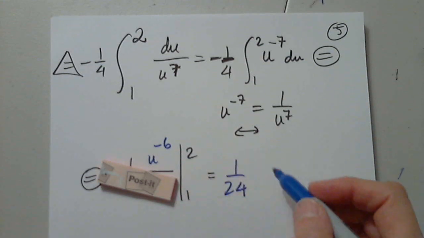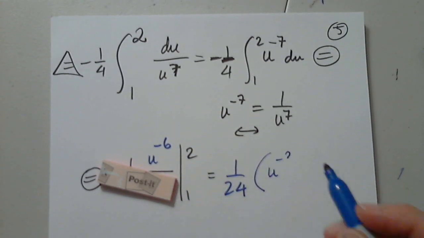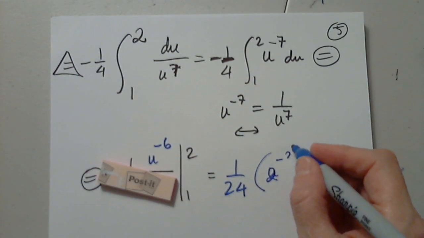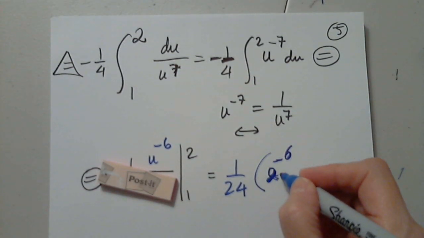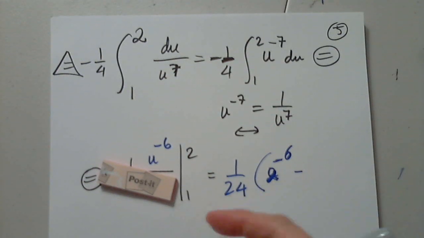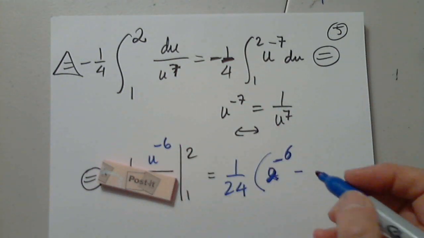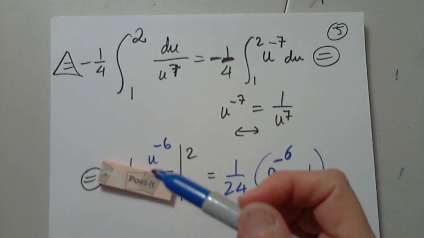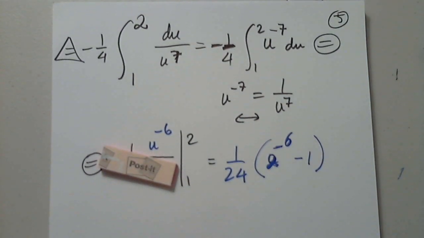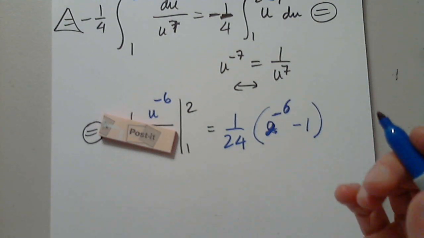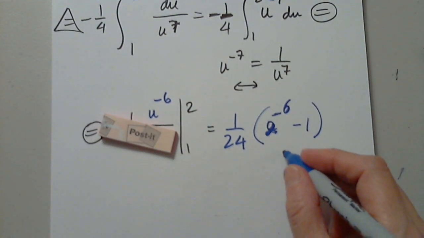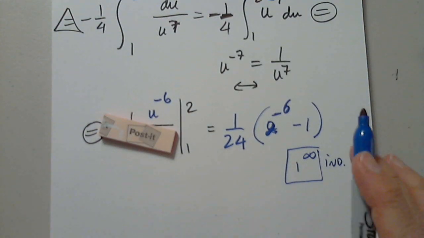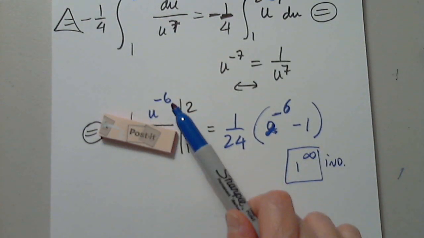I plug in 2: 2 to -6 minus 1 to -6, which is 1. 1 to every power is 1, except 1 to infinity, which we do not discuss in this class, but this is an indeterminate case. So 1 to -6 will be 1.